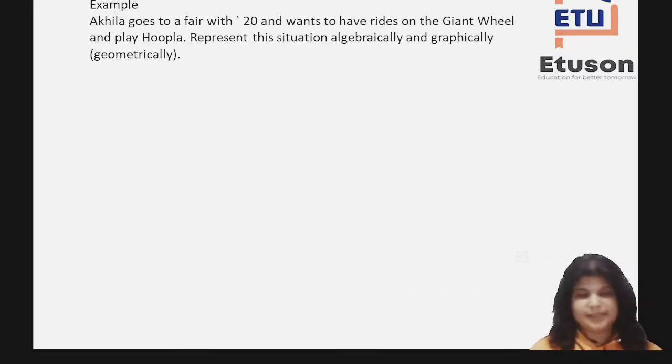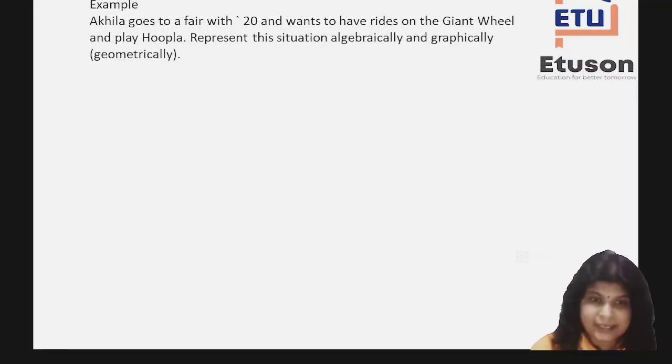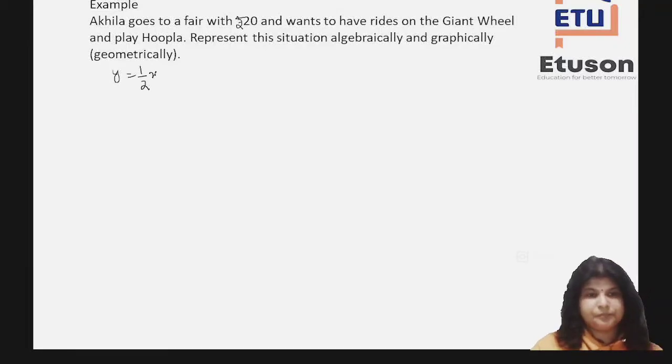I have taken the same problem, that is Akhila's problem, where she was going to a fair and she is spending rupees 20. I will take up the same algebraic equations where we had written y is equal to half of x, and 4y plus 3x is equal to 20.